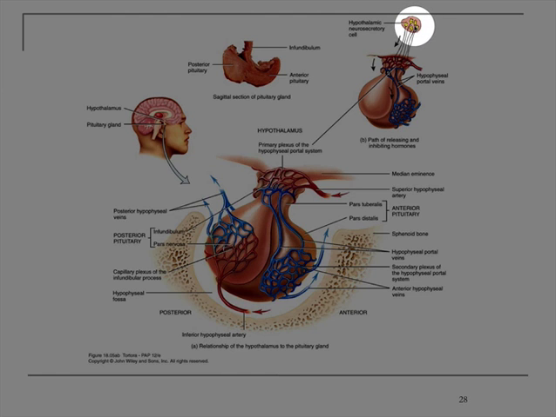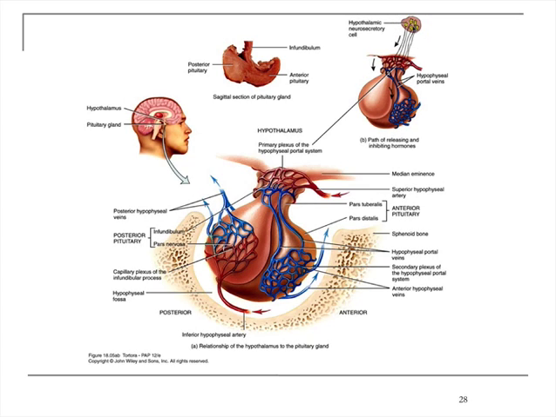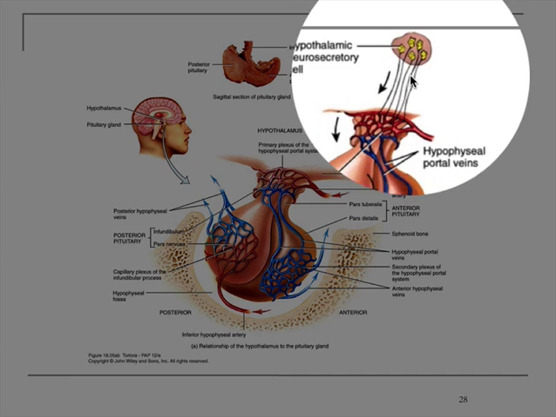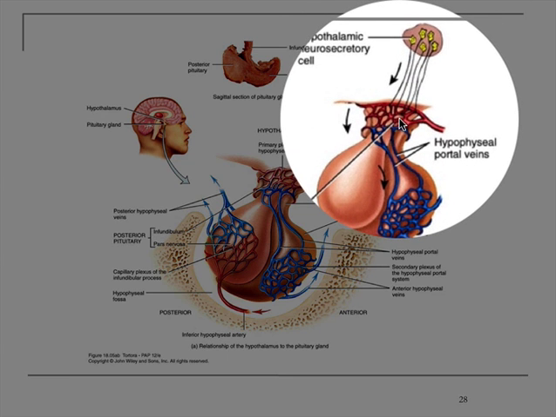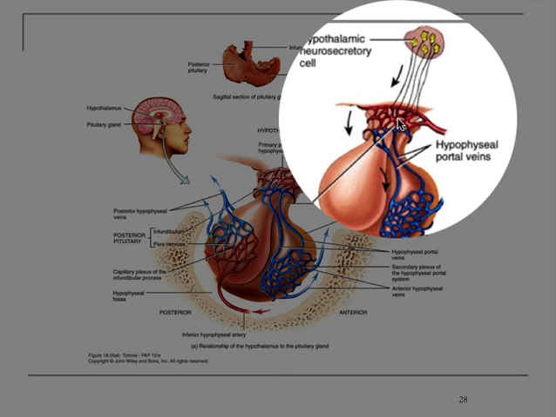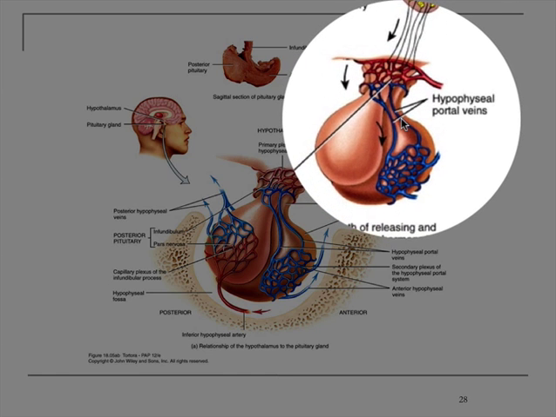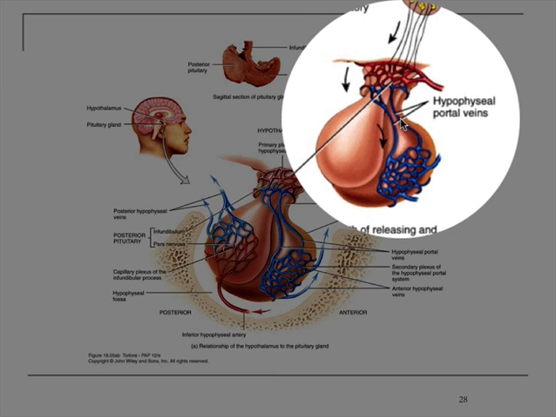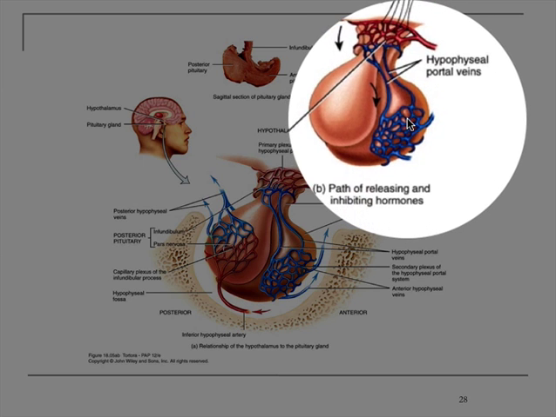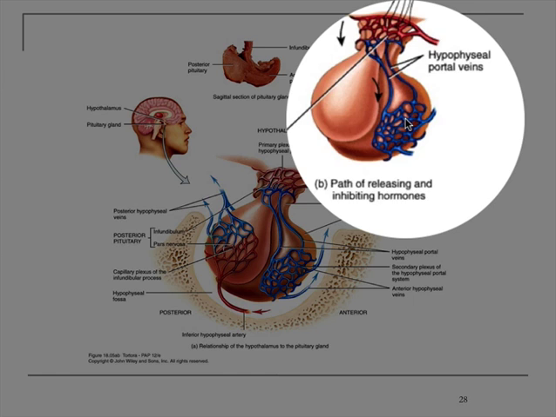These neurosecretory cells are neurons, but they're also endocrine cells. They secrete hormones that go into the bloodstream here, and then those hormones travel from the bloodstream down through this set of what's called hypophyseal portal veins in the stalk, the infundibulum, and then down into the anterior lobe.